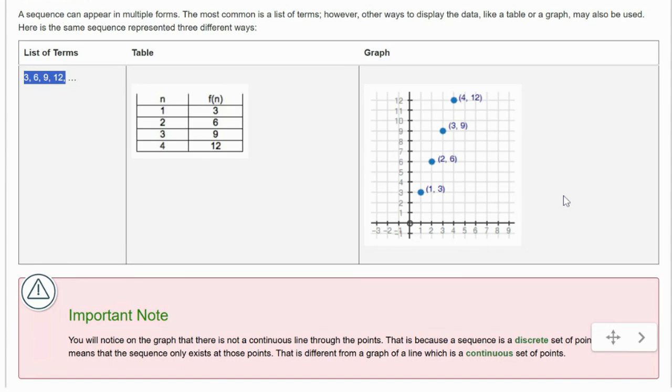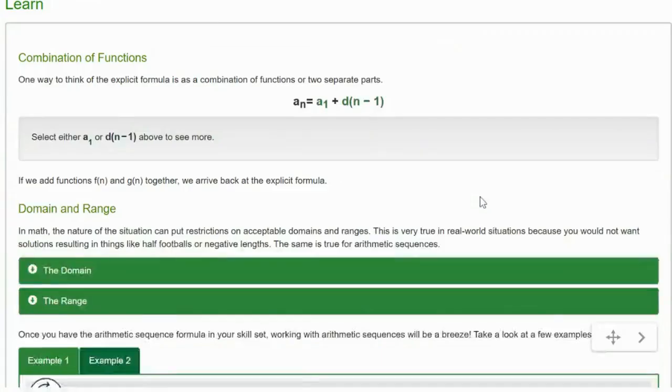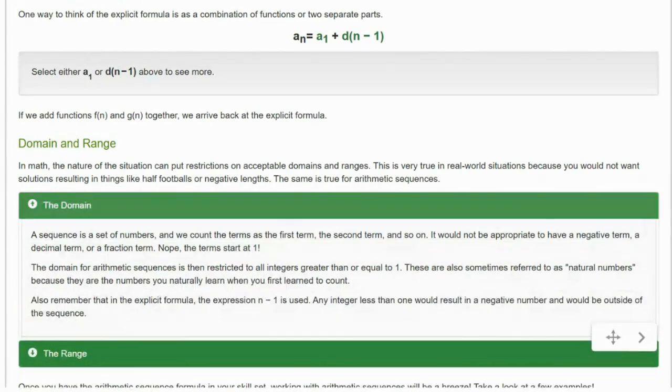Starts with 1, starts with the first term. And it always goes up by integers, 1, 2, 3, 4, 5. That kind of makes sense? Kind of why we only have integers as the domain. The sequence is a set of numbers, and we count the terms as the first term, second term, and so on.